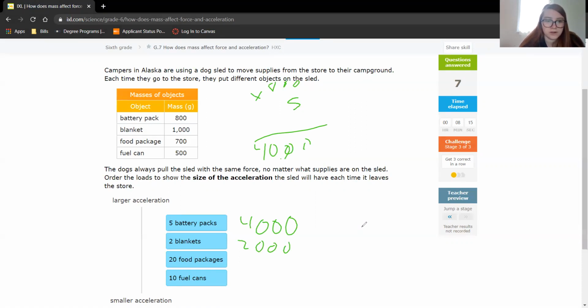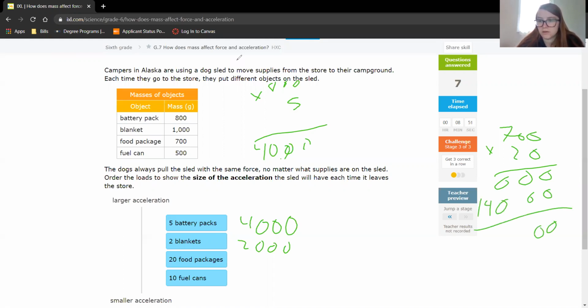Food packages are 700. Ooh, I didn't give myself enough room. 700 times 20 is 14,000.